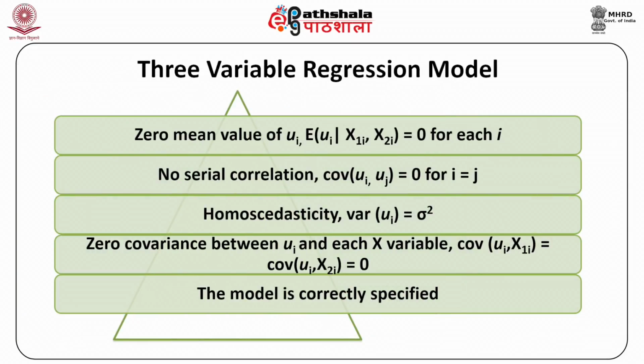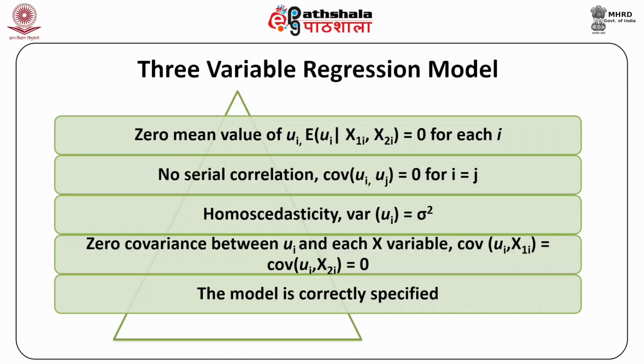We assume the same conditions as assumed under the simple regression analysis. That is, first, zero mean value of mu i: expected value of mu i given x1i, x2i is equal to 0 for each i. Second, no serial correlation: covariance of mu i, mu j is equal to 0 for i not equal to j.